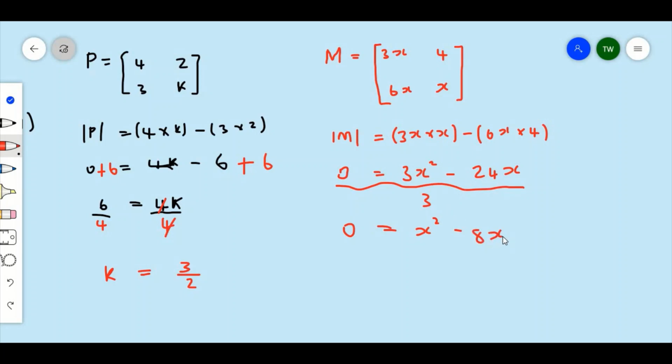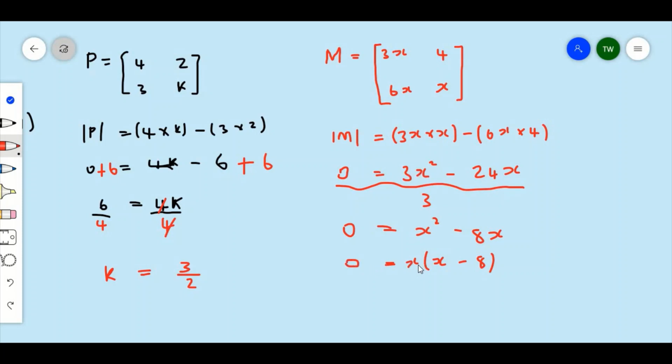Alright. Now what we can do is to factor out x. So if we factor out x, we're going to take out what is common, which is x. Factor out x out of the first term, which is x squared, x is left. And if we factor out x out of 8x, minus 8 is left. And all of this must equal 0.